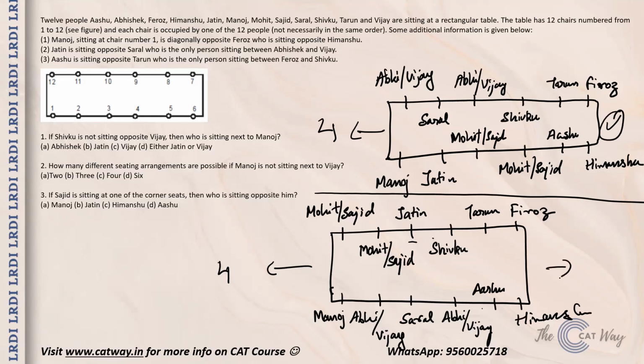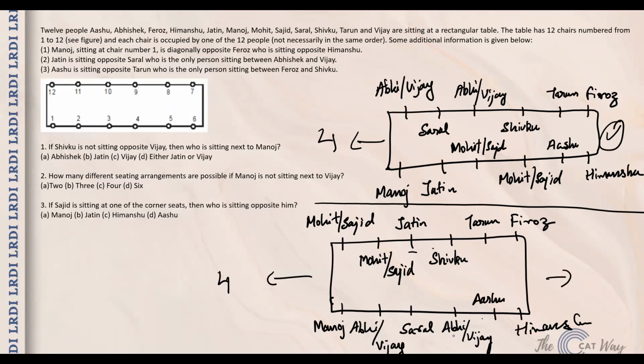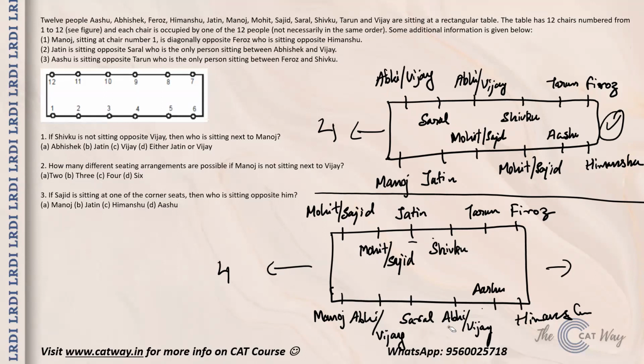Or if we go into this one, then Abhishek will be sitting over here. So those are the 2 cases. That means four possibilities we get from here. And from here we get 2 possibilities. Why do we get 2 possibilities? Because if Vijay is over here, then too Mohit and Sajid can acquire any of the positions. So in total, we have now 6 possible combinations for the first question.